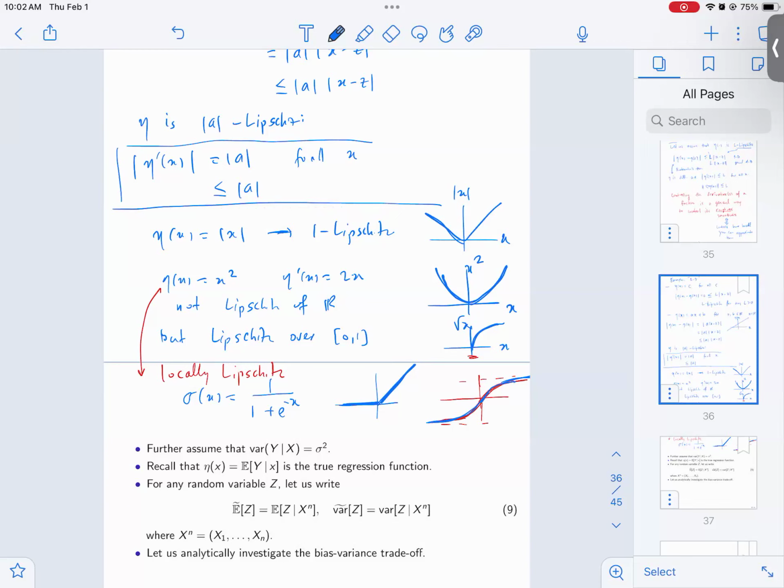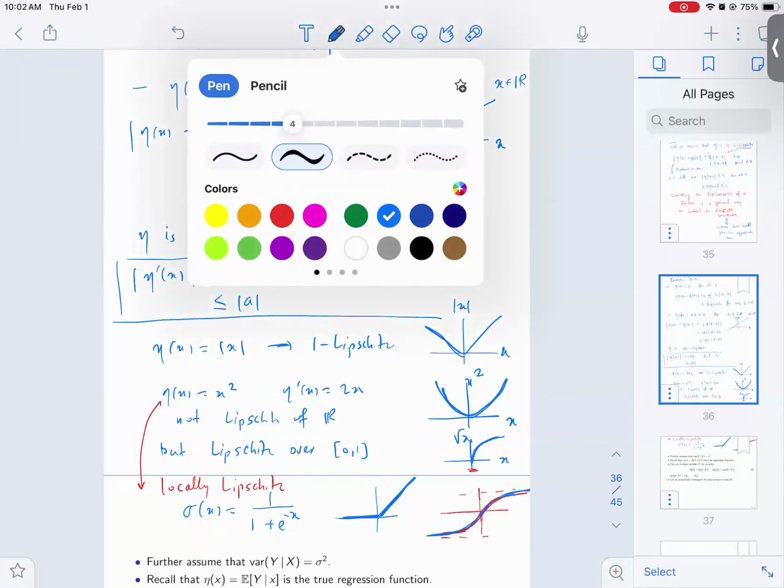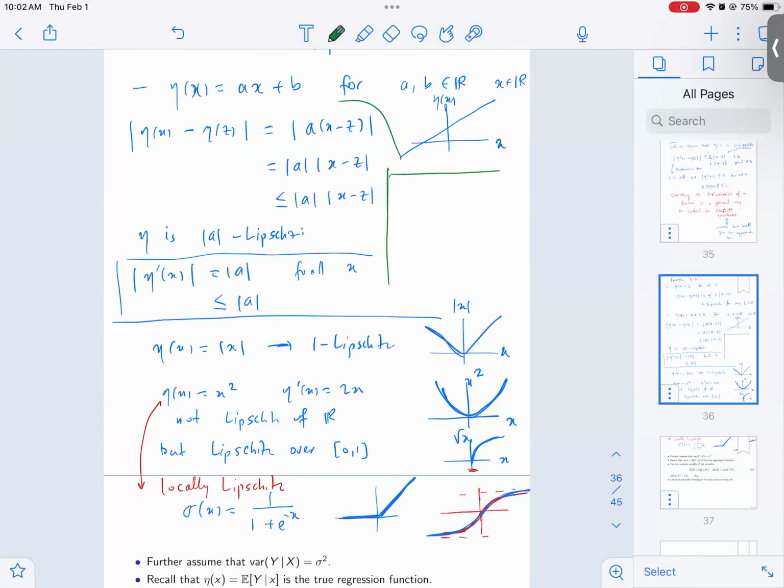Another, which is more general: any affine or linear function is Lipschitz. Now in higher dimensions, d-dimensional, if I want to write a linear or affine function in d dimensions, how would it look? It would be like A transpose x plus b, where A is a vector, if you have seen regression.